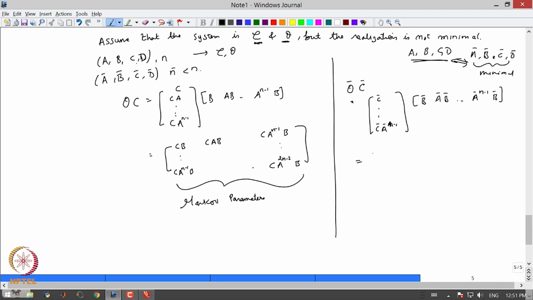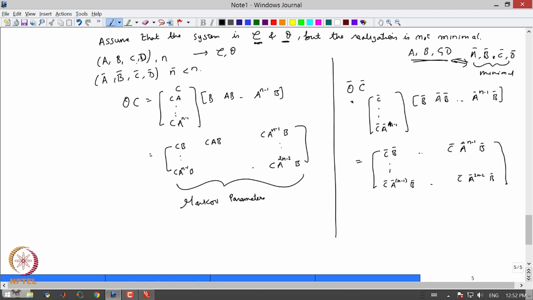Again, I will have the Markov parameters now in terms of C bar, A bar, B bar, and so on till C bar A bar^{2n-2} B bar.